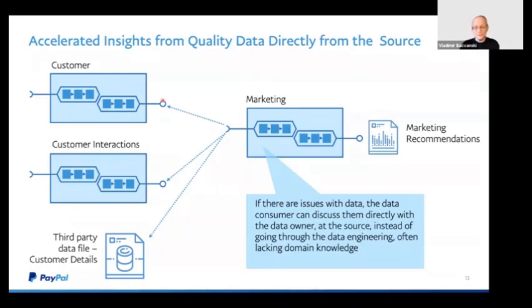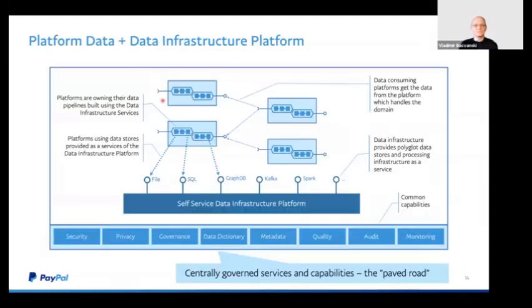Now, there are a couple of important things that we will need to address to make this work smoothly. Inside the platform, you need to have mechanisms for storing data, for processing data, for data movement and so on.